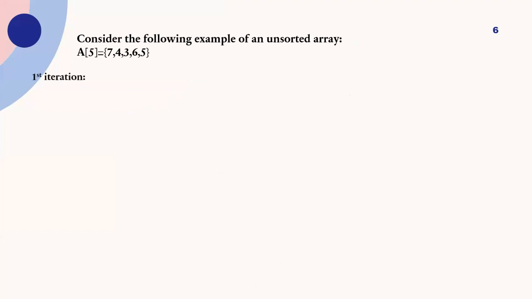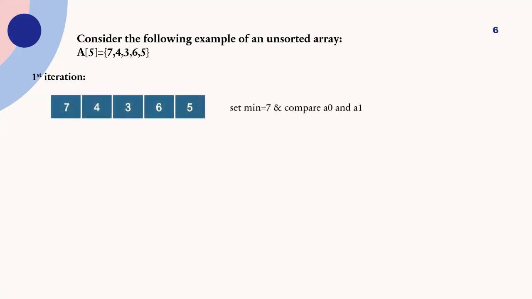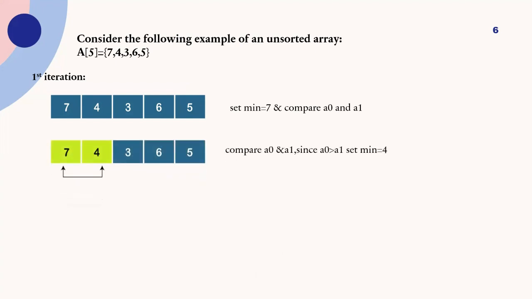Now for the first iteration, the first step of the algorithm is to consider the first element as the minimum element. So the first element in my array is 7. I am considering the minimum element as 7. After considering the minimum element, I have to compare it with the adjacent element, that is the jth element.